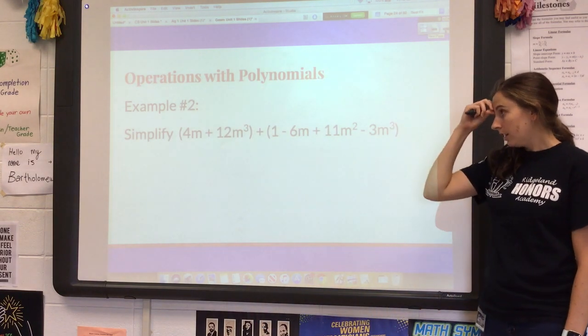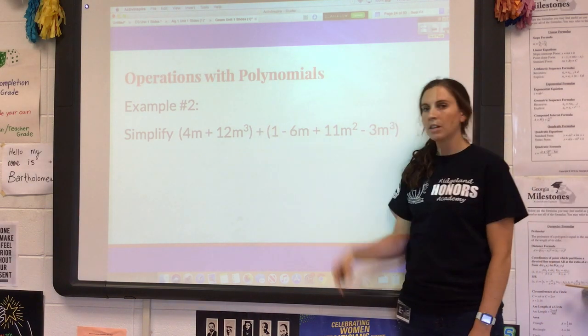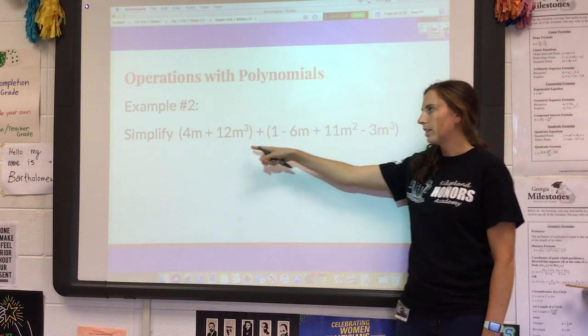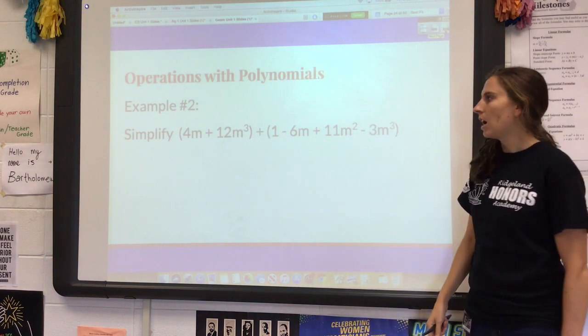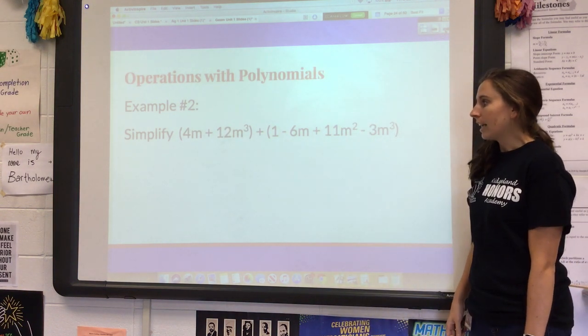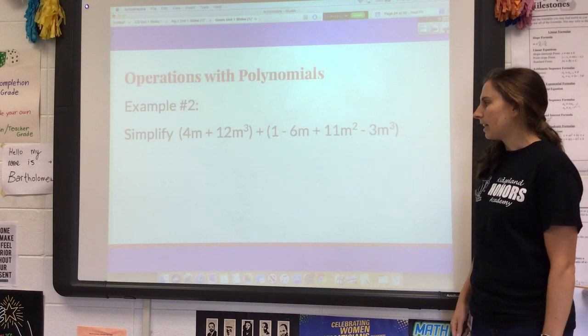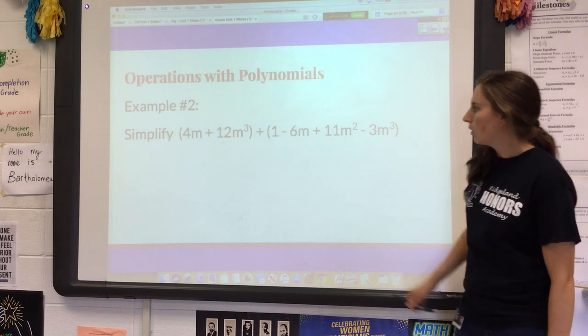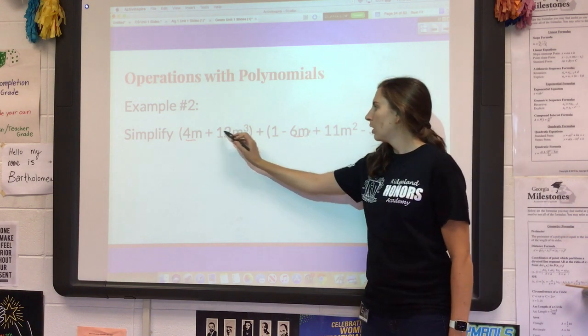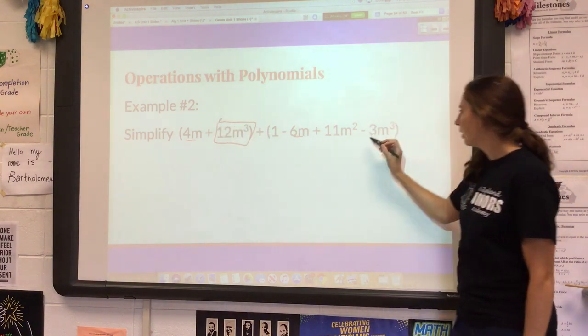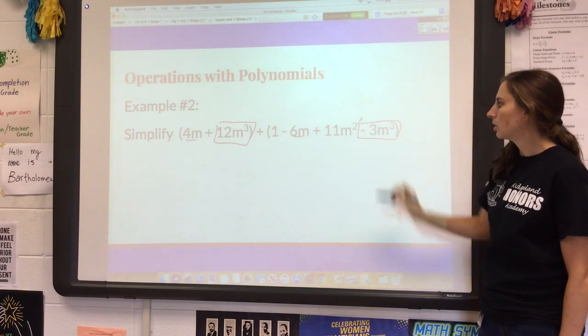Here's another addition of two polynomials, but again, since there's nothing in front of the parentheses, I don't really need those parentheses. They're kind of unimportant. Again, I'm just going to look for like terms and add those together. I noticed that 4m and 6m are like terms, and also 12m cubed and negative 3m cubed.